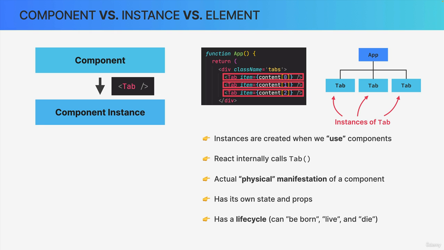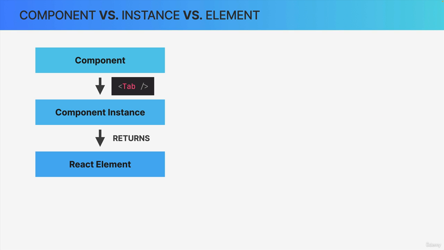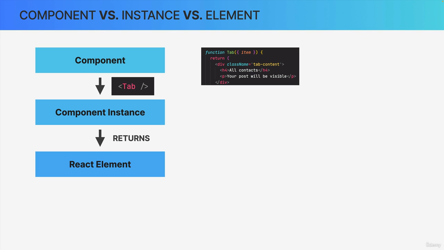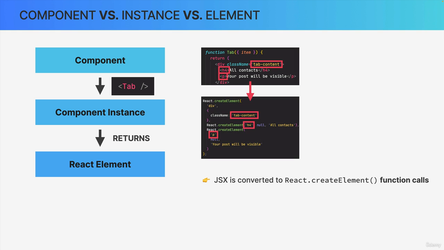But anyway, as React executes the code in each of these instances, each of them will return one or more React elements. So, as we learned when we first talked about JSX, behind the scenes, JSX will actually get converted to multiple React.createElement function calls.